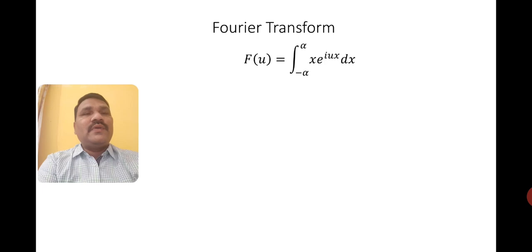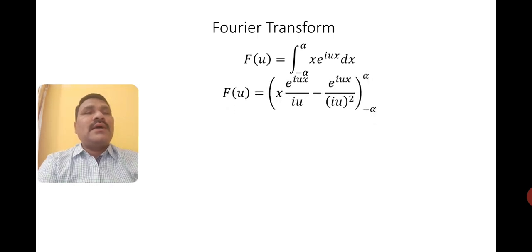So F of u is equal to the integral from minus alpha to plus alpha of x e to the power iux dx. Now it is integration by parts you can apply, or Bernoulli's rule of integration you can apply. Anyhow, I have used Bernoulli's rule of integration.